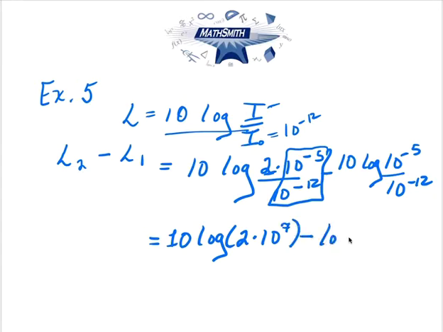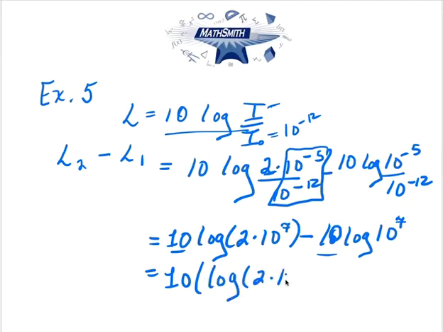Minus 10 log, and again, this is going to be 10 to the 7th power. Now, can I simplify this a little bit more? Well, I notice I get 10 in both of these terms, and I'm going to factor that out. So now I got log 2 times 10 to the 7th minus log 10 to the 7th.